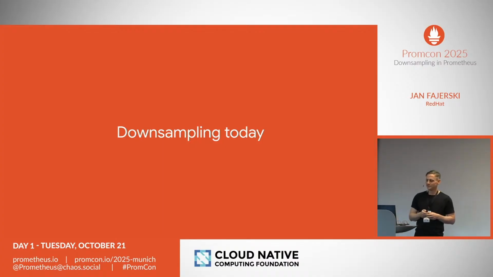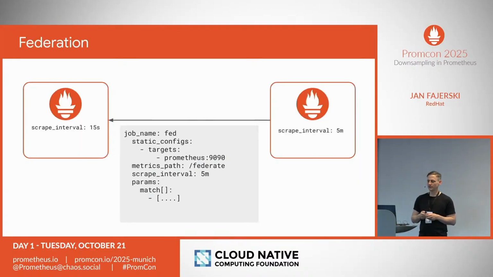So you have really two ways of doing this. One is with federation, right? You have one Prometheus that's here on the left. That's, yeah, it's your left too. That scrapes at, say, 15 seconds. Retention there would typically be pretty short. And then you have a second Prometheus instance that scrapes the federate endpoint of the first Prometheus, but it only does so every 5 minutes.